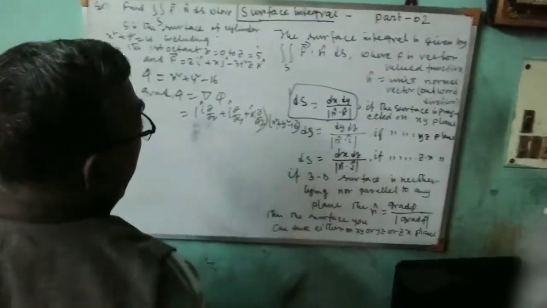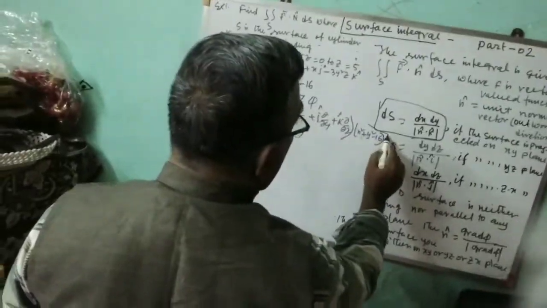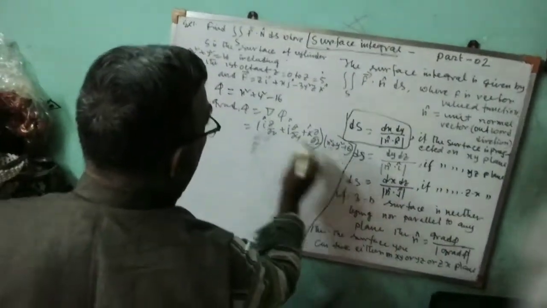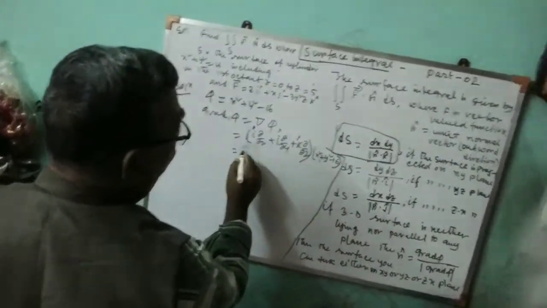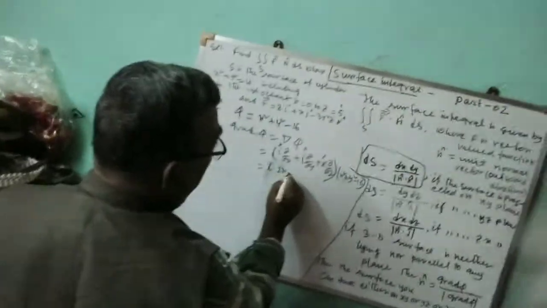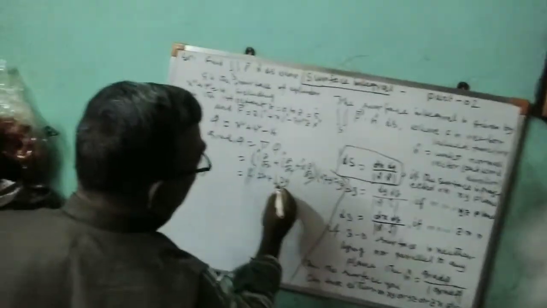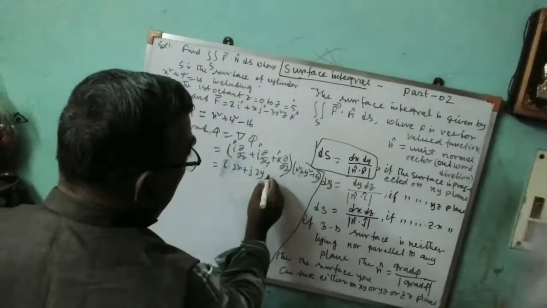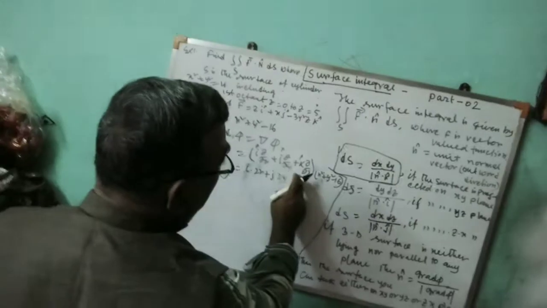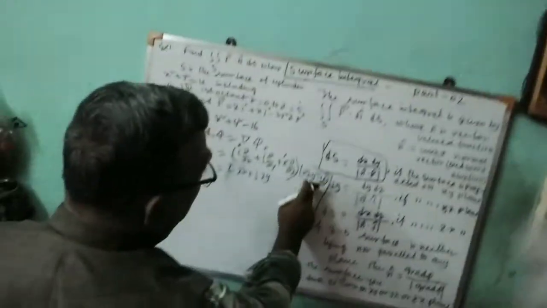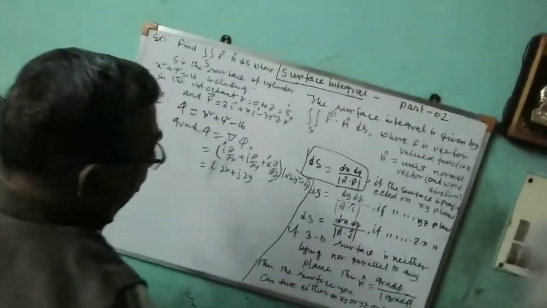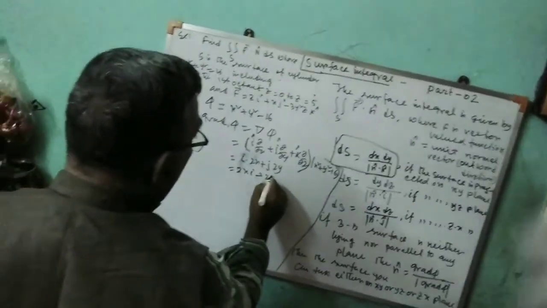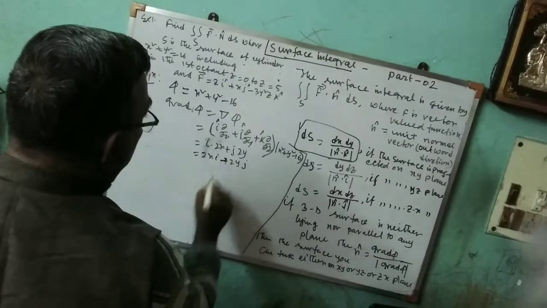This is phi. So that is equal to i into 2x plus j into 2y, then for the z differentiation, no z function is there, so it is 0. So 2x i plus 2y j. This is your grad phi.